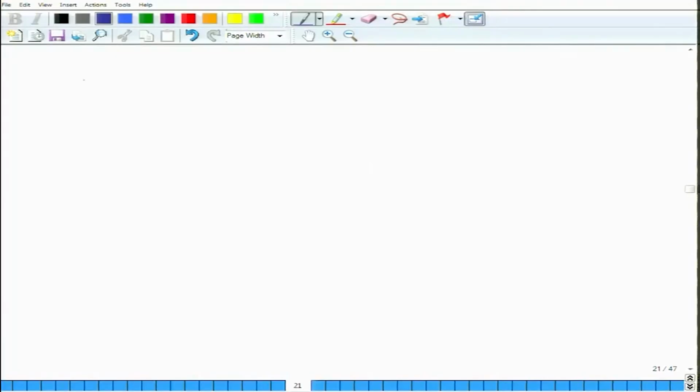We had developed a relation for transverse modulus: 1 over Et, where Et is the transverse modulus of composite, equals volume fraction of fiber divided by its modulus plus volume fraction of matrix divided by its modulus. So, this is our first model.